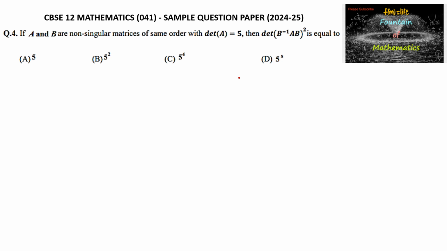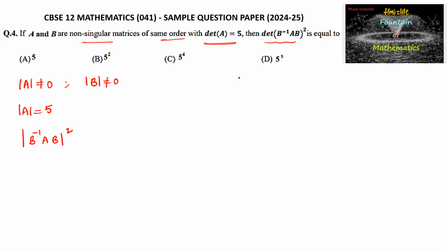Given that A and B are non-singular matrices, that is determinant of A is not equal to 0 and determinant of B is not equal to 0, with the same order, and the determinant of A is 5, we need to find the determinant of B inverse A B whole square.